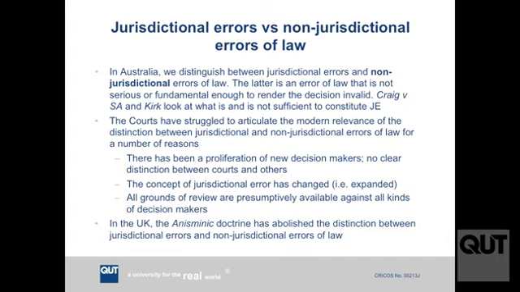Secondly, the concept of jurisdictional error has changed, and in particular it has expanded. Thirdly, all grounds of review are presumptively available against all kinds of decision makers. The distinction between jurisdictional and non-jurisdictional errors has been abandoned in some comparable jurisdictions.